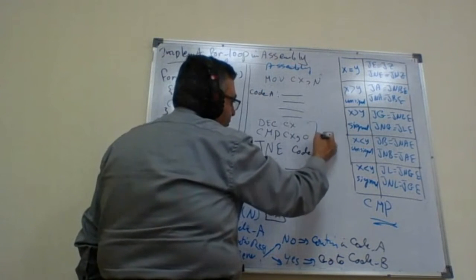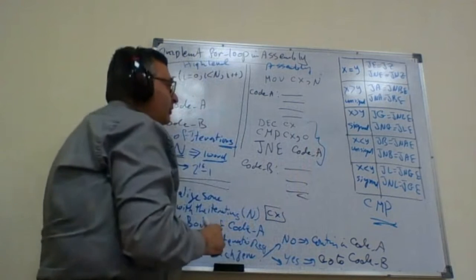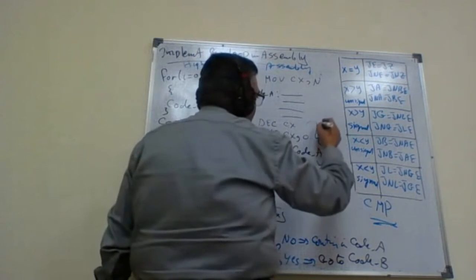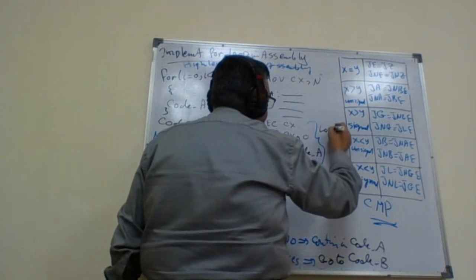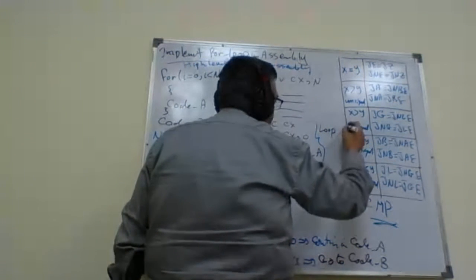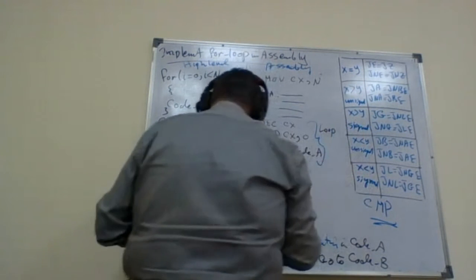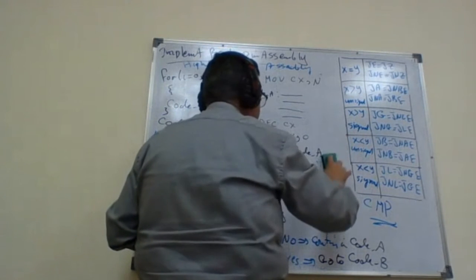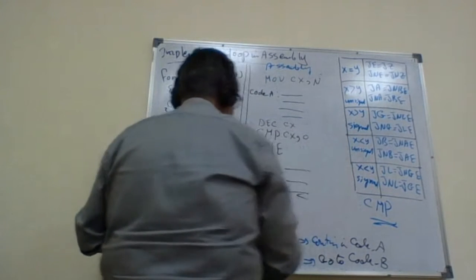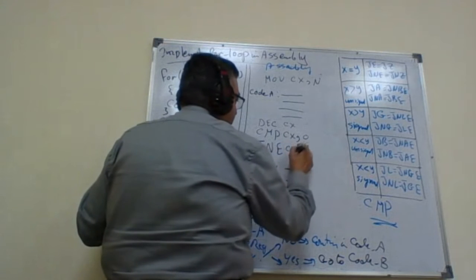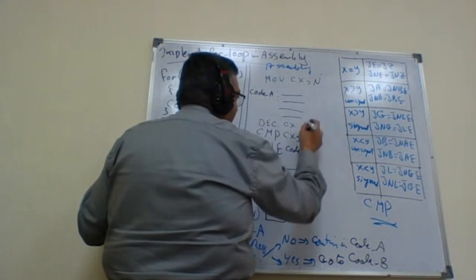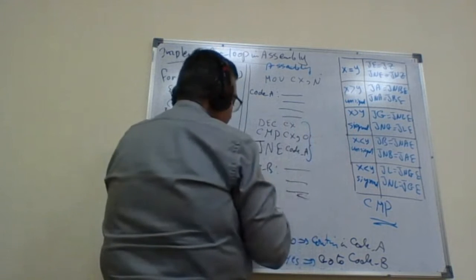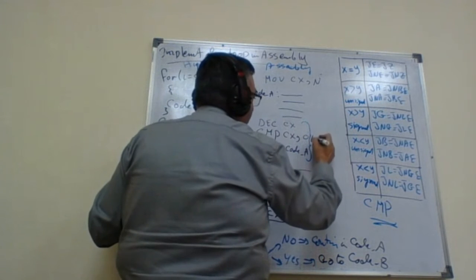Those three instructions can be replaced by one instruction called loop code A.